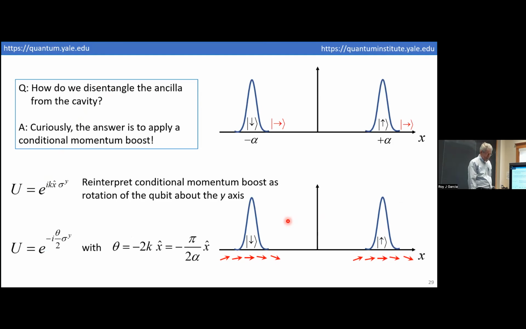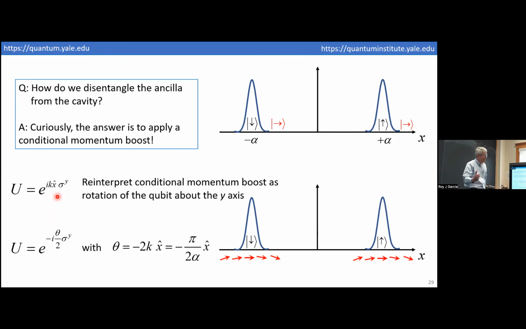Okay. So curiously, you can use a conditional momentum boost to do this. So here's a conditional momentum boost. You apply a momentum plus k if the qubit is in the y state, and minus k if it's in the minus y state. Why is that going to work? Well, let's reinterpret this instead as a rotation of the qubit around the y-axis by an angle minus 2kx.